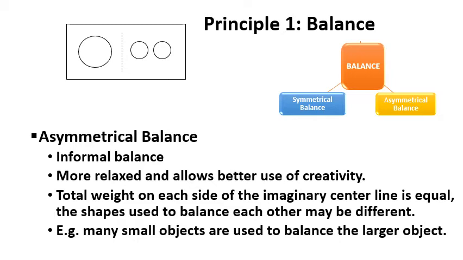As shown in the figure, it is an example of asymmetrical balance where the two small pieces are used to balance the large object. Informal displays usually have originality and are considered to be more creative.